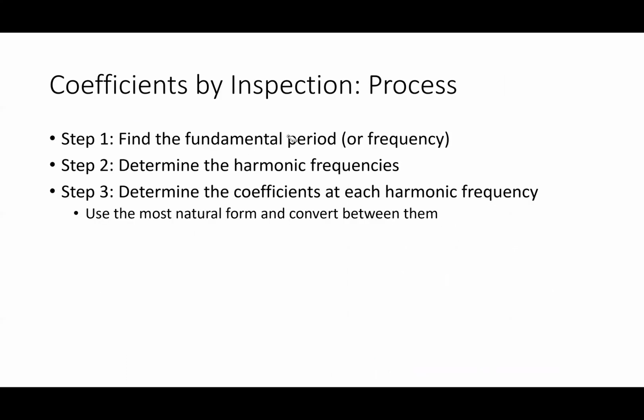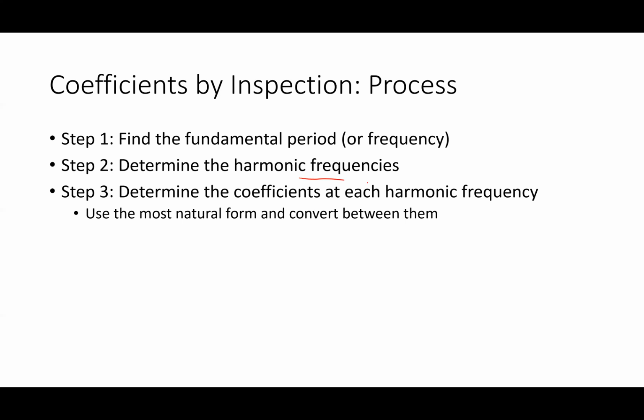This inspection process has 3 basic steps. The first is to look at the function I'm given and figure out what the fundamental period or frequency is, because everything builds from that. Once I know that, I have to figure out which harmonics are actually present in the waveform.